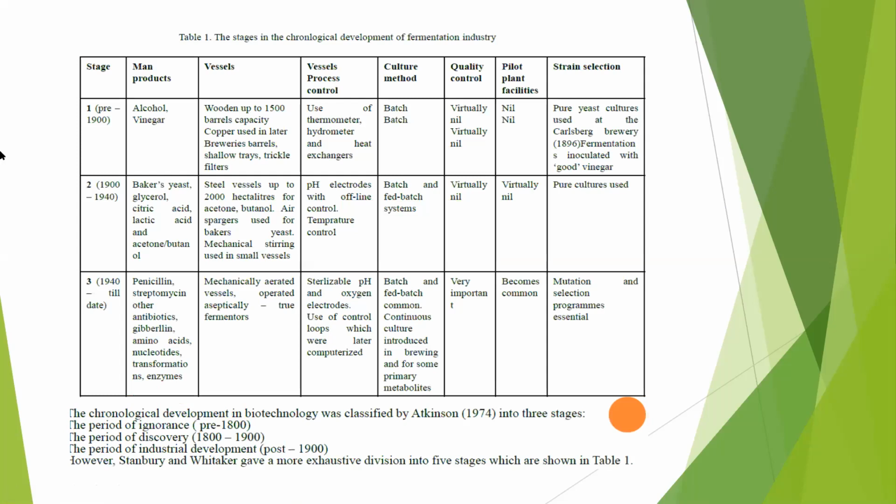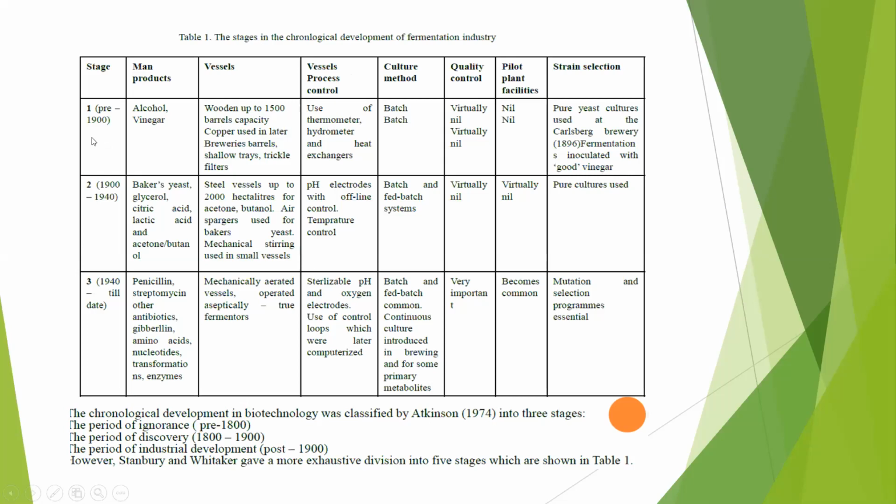And the next is the stages in the chronological development. Usually pre 1800, which is given here as pre 1900. Here alcohol and vinegar are the products. The vessels used are wooden barrels up to 1500 capacity, and later copper barrels in breweries, shallow trays, trickle filters, and all these are vessels used pre 1800.